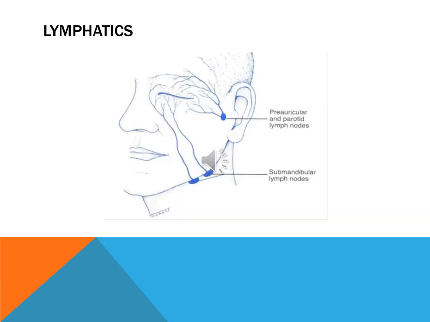Lymphatics of the eyelids drain from the medial part into the submandibular lymph nodes, and the lateral part into the preauricular lymph nodes.